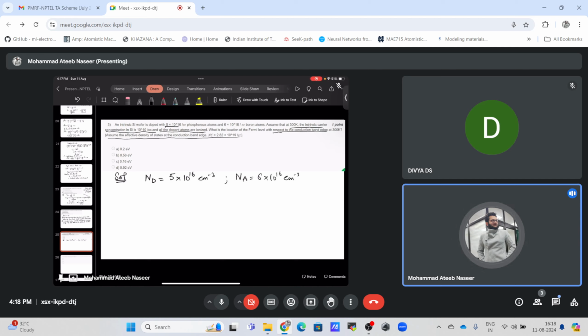Okay, so that has to be taken into account, that this is the effective density of states which is located at the conduction band edge.